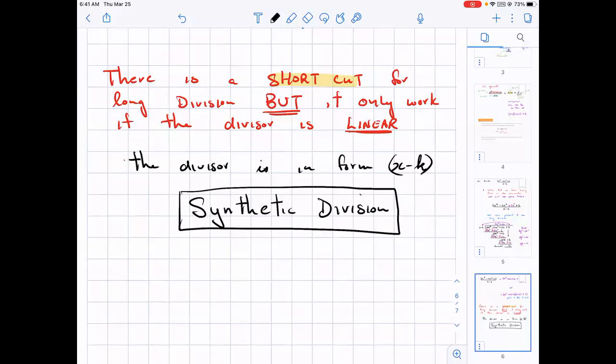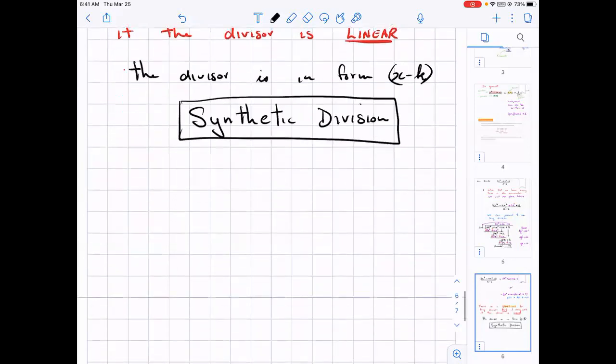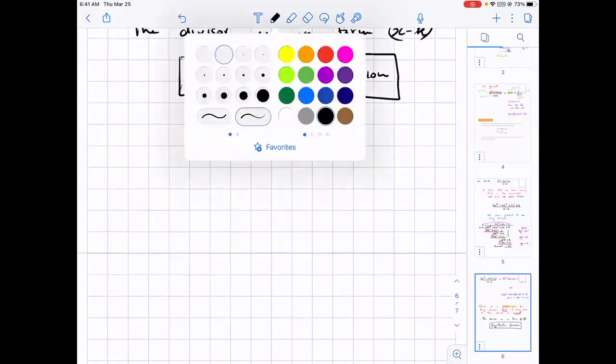So in synthetic division, what we do, we just use the coefficients of the polynomial. So let's look at this.